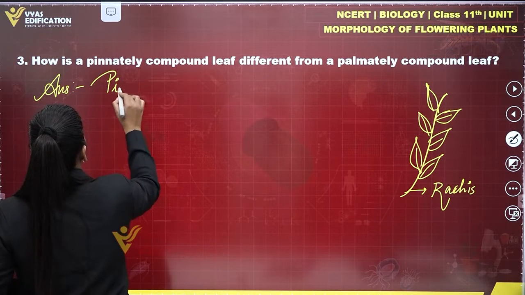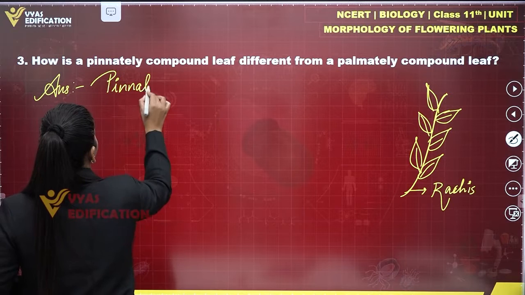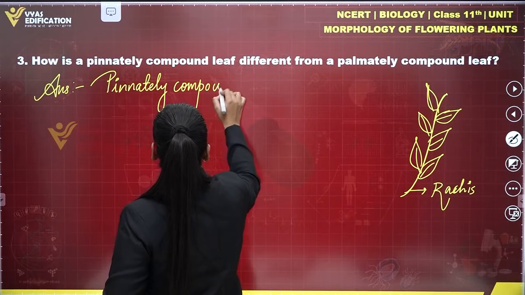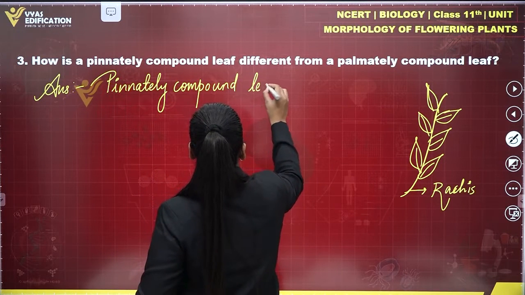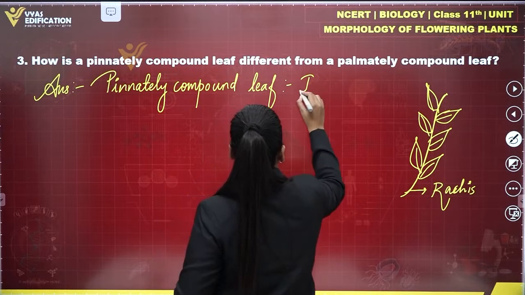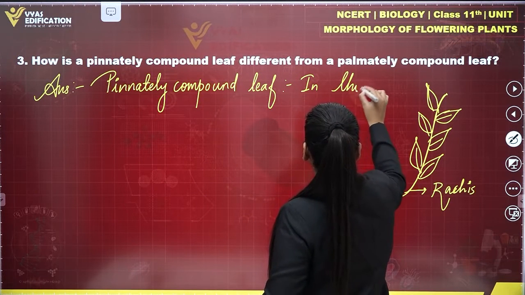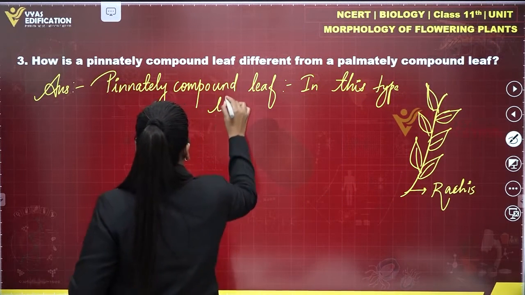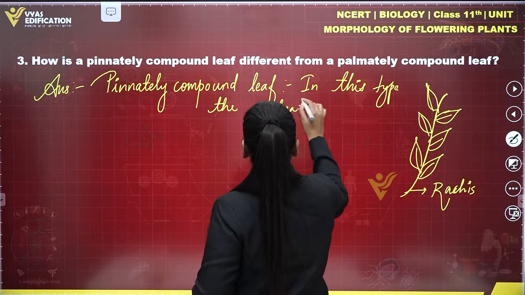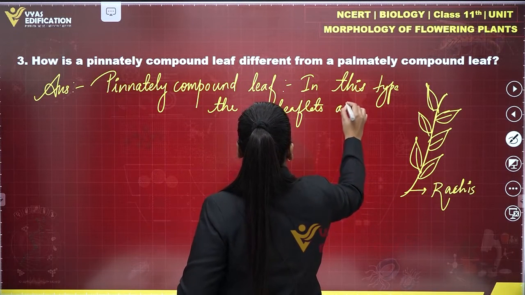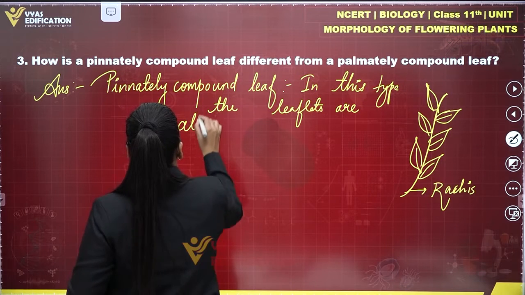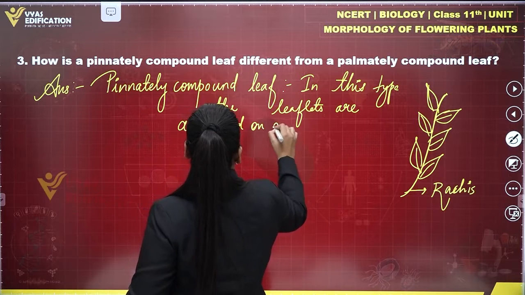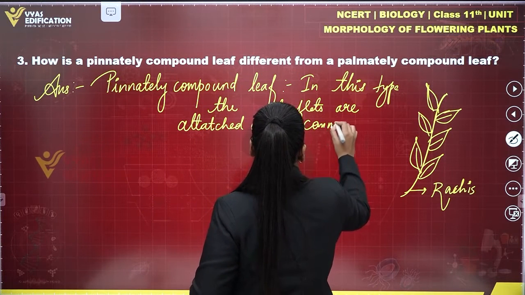First, we are going to talk about pinnately compound leaf. In this type, the leaflets are attached on a common axis.